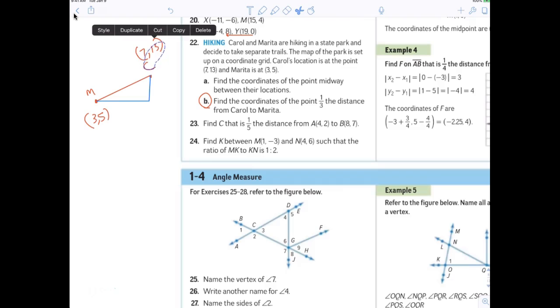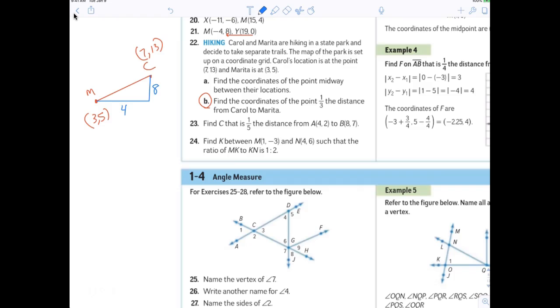So this distance from 3 to 7 is how much? 4. And from 5 to 13 is what? 8. So those are the distances there. So everybody agree with that?